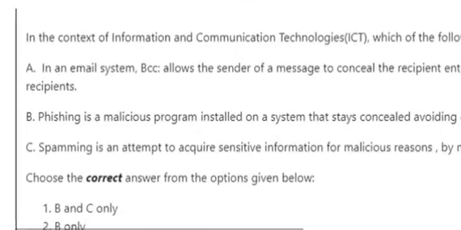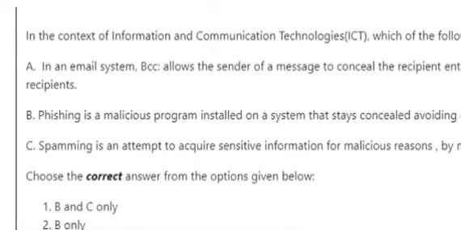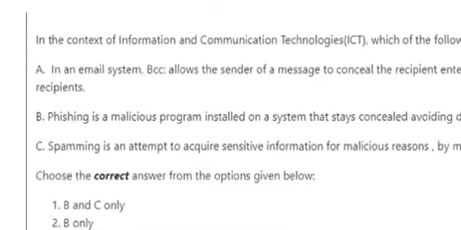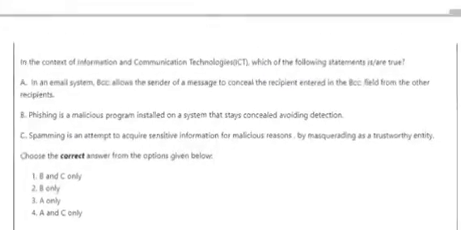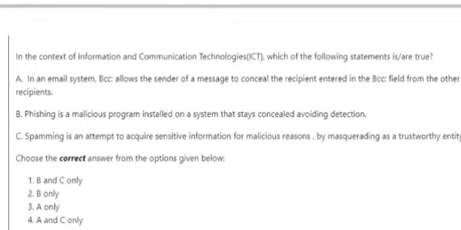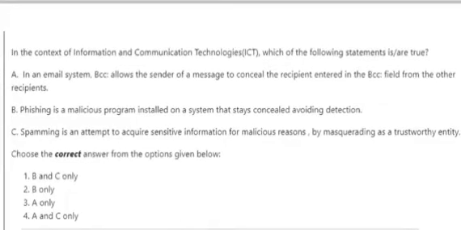32 says, in the context of information and communication technologies, in short ICT, which of the following statements is or are true? A, in an email system, BCC, you must have seen, allows the sender of a message to conceal the recipient entered in the BCC field from the other recipients.